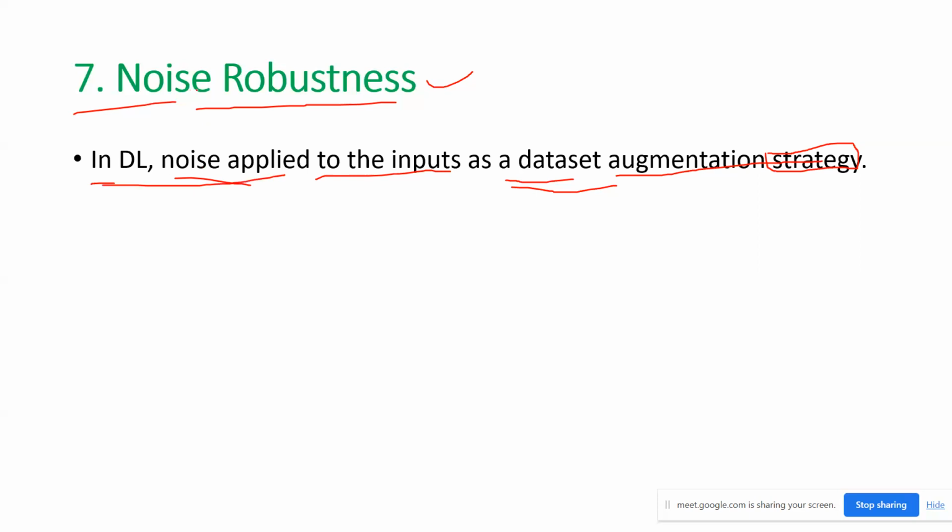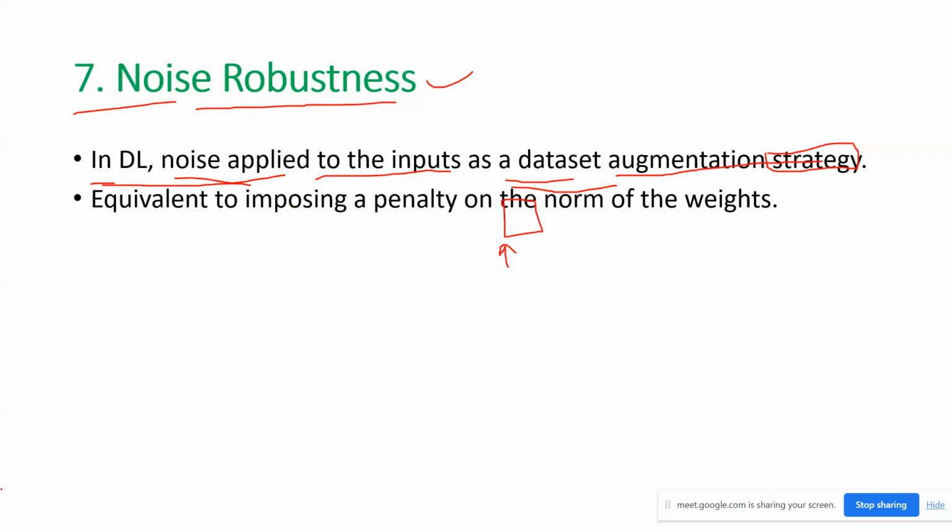Noise robustness is nothing but adding some extra input to the actual input, so that our input value creates another data element. This is equivalent to imposing a penalty on the norm of the weight value.